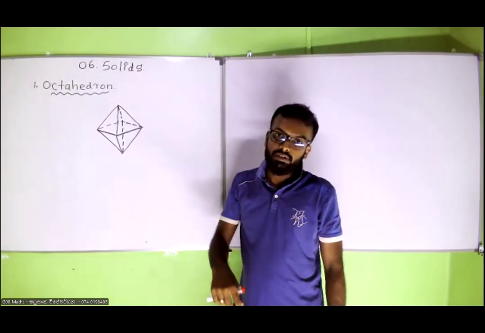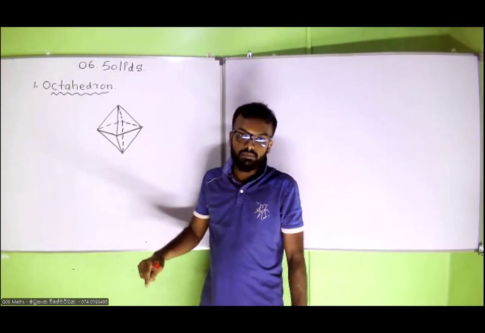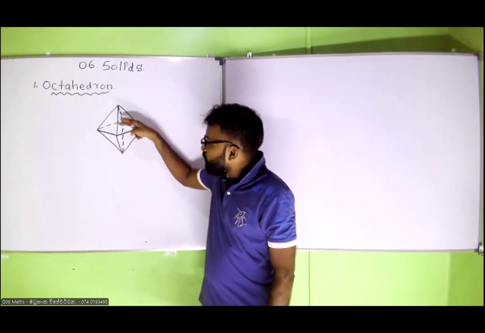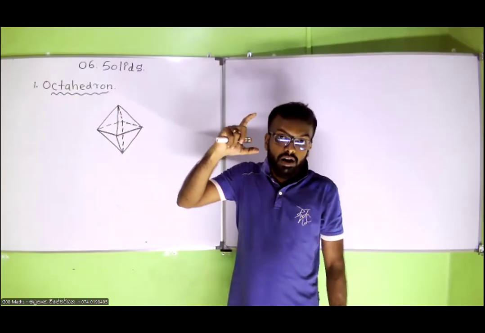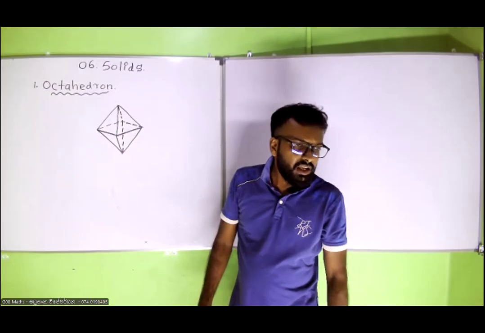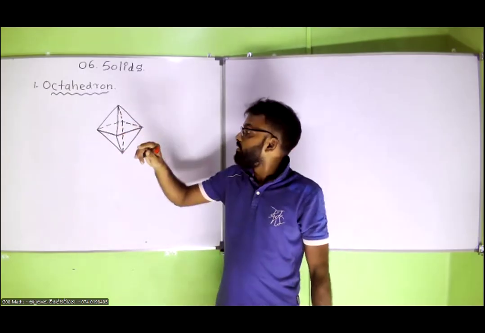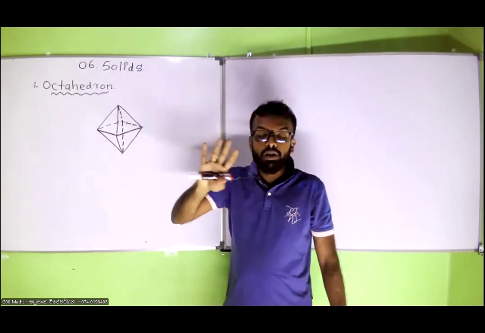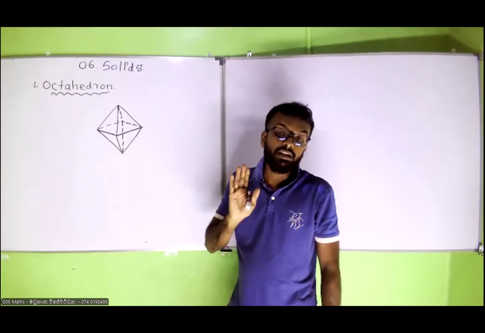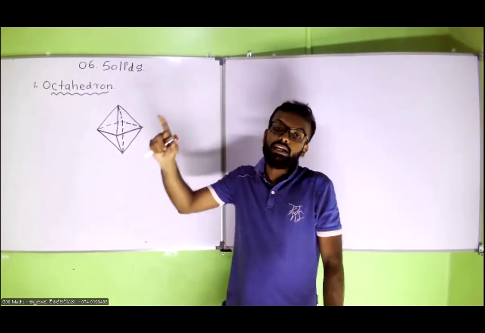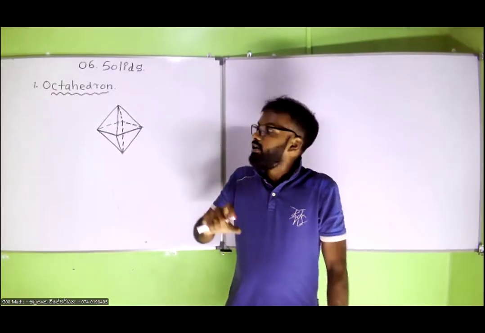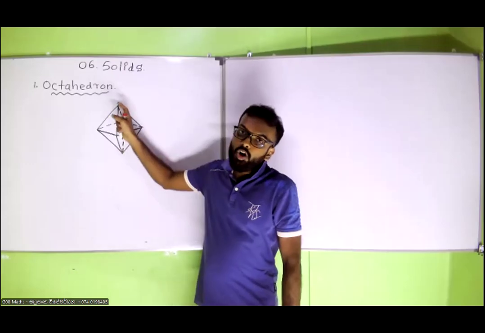Keep that in your mind; this will help you remember. So we have equilateral identical triangles. How many are there? 8 triangles. By using these 8 equilateral triangles, we are going to make our octahedron.